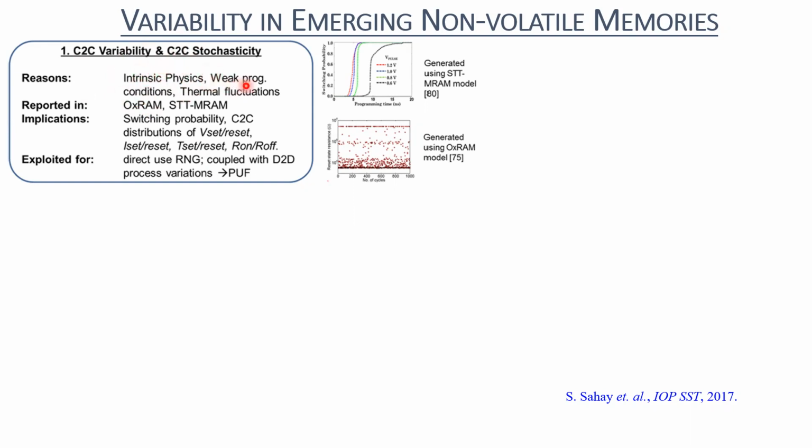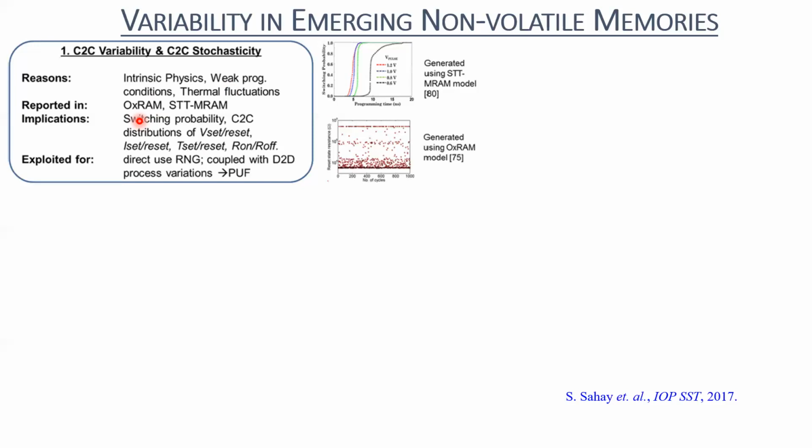Then there can be the weak programming condition. What do I mean by weak programming condition? I mean you don't apply extreme voltages, you apply voltages which show a switching probability of 50%. Let's take the case of RRAM. We don't apply the extreme set threshold voltage or extreme reset threshold voltage, but suppose we want to change from HRS to LRS.